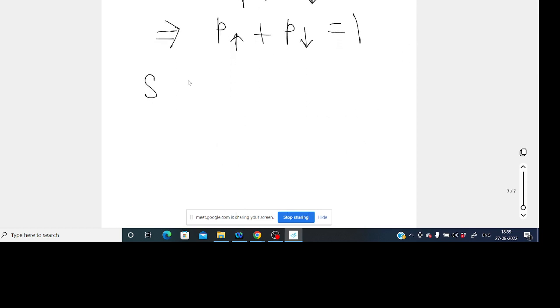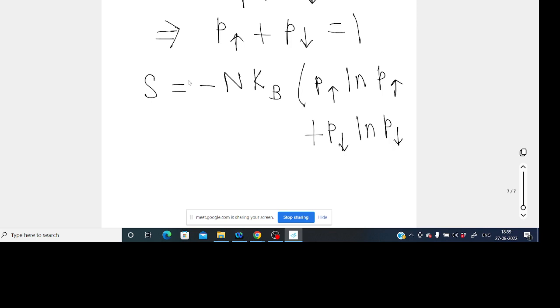So we'll get minus n kb, p up log p up plus p down log p down. So S by n, or the entropy per particle, is equal to this.